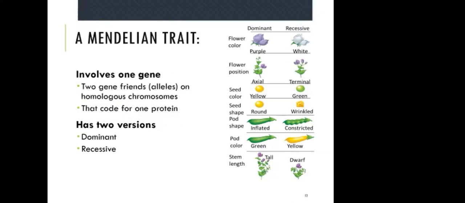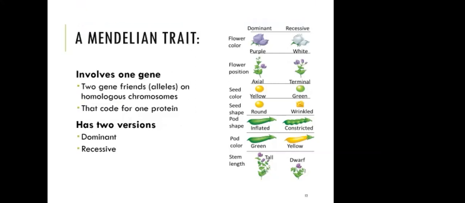So a Mendelian trait has one gene, so one section of DNA, like we saw in that illustration before, one of those little bands. Two gene friends, two alleles on homologous chromosomes. Remember, you get one from mom, one from dad. They become friends and they code for a particular protein, one single protein.